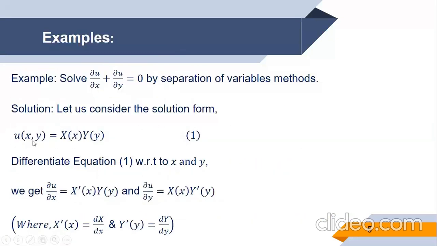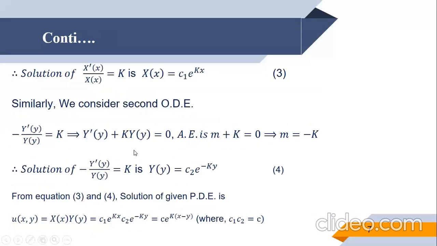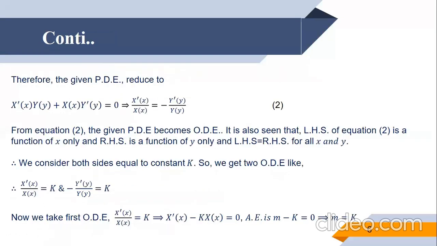So we get u of xy is equal to X of x, Y of y, is equal to c1 e raised to kx, c2 e raised to minus ky, is equal to c1 into c2, both are constants, we consider c, so c into e raised to k times x minus y. So u of xy is equal to c e raised to k times x minus y is a solution of the given first order PDE.